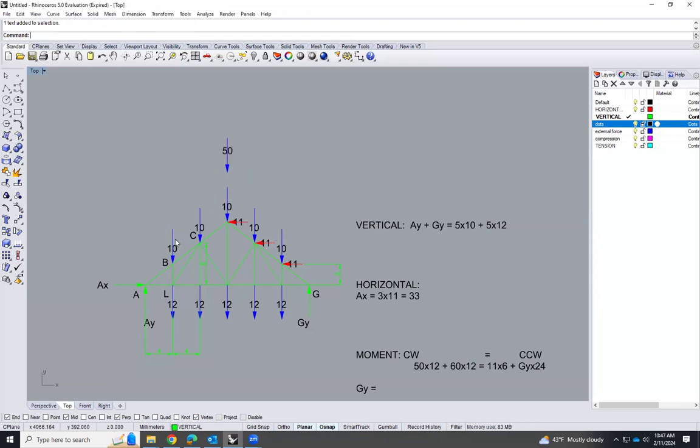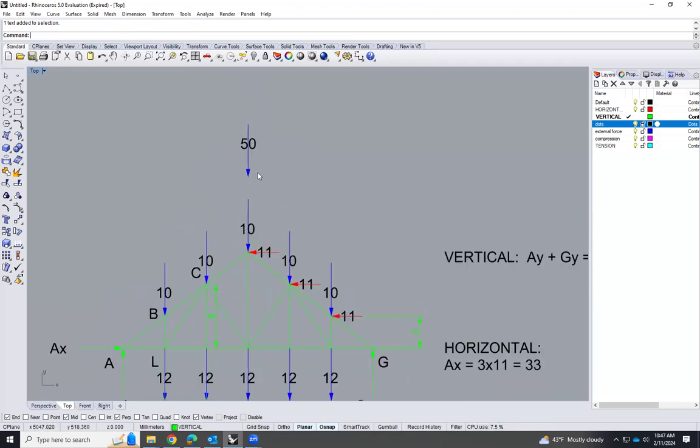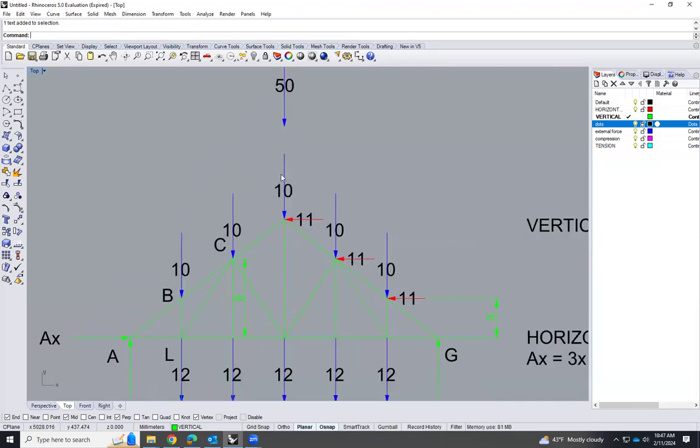Why is that? Because we have 5 forces, 1, 2, 3, 4, 5 times 10. So the total value is 50. And where's the line of action? It's the line of symmetry between all these forces. If this is symmetrical, the symmetry line is this one.